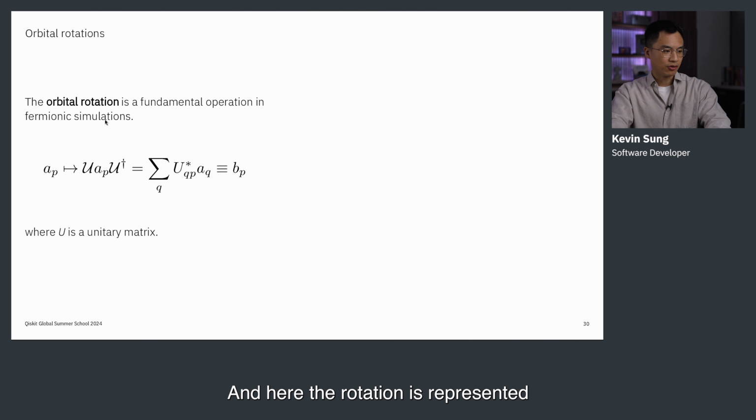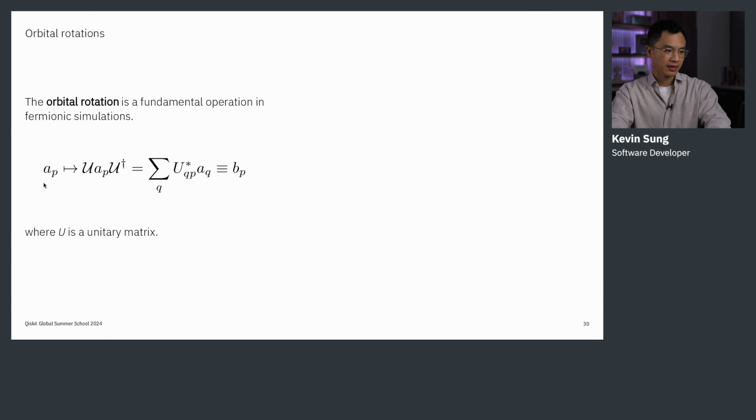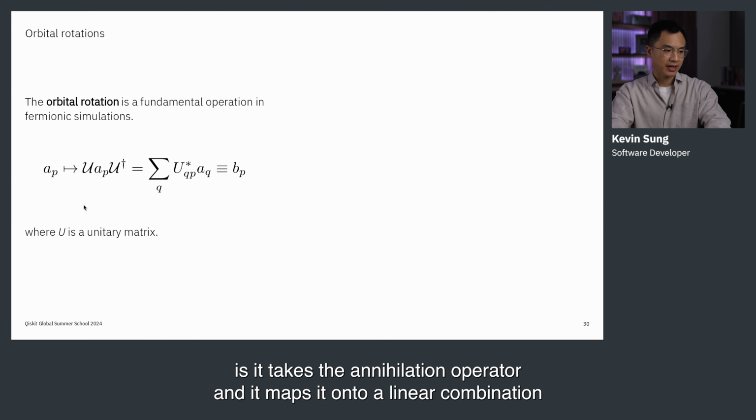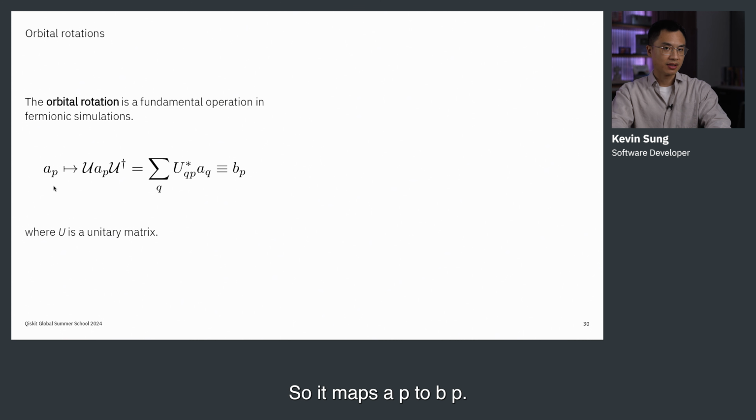And here the orbital rotation is represented by this calligraphic U. And the way that it maps an annihilation operator is it takes the annihilation operator and maps it onto a linear combination of annihilation operators. And I'll just write that linear combination as b_p. So it maps a_p to b_p.